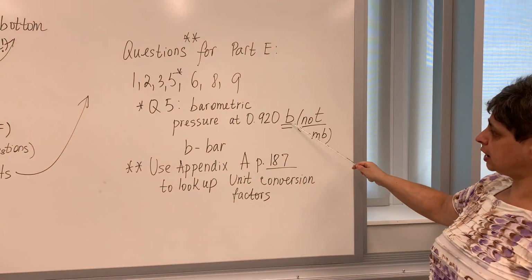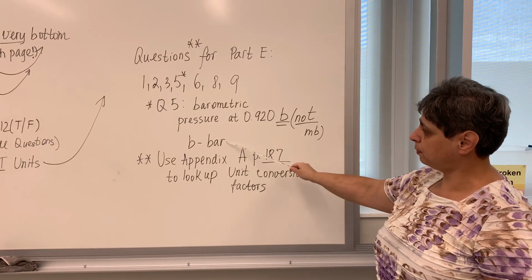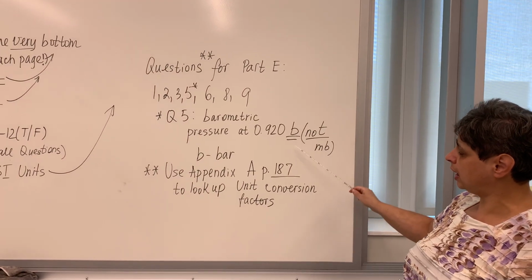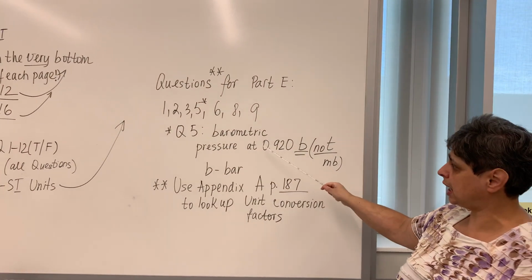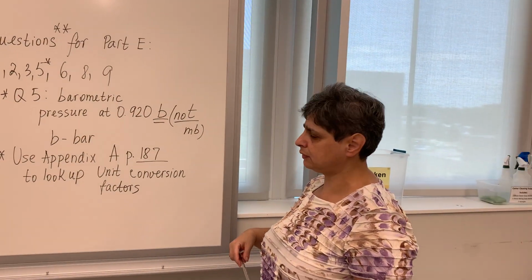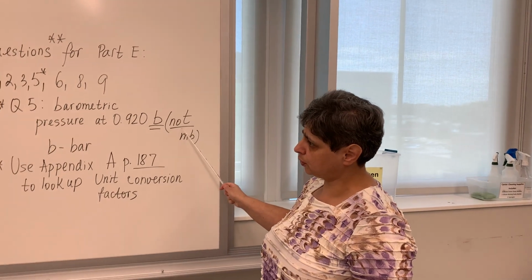So B here, not millibars, bars. B stands for bars. And if you look in appendix A on page 187, you will find how to get from bars, or in this case 0.920 bars, to other units. I believe it stands for inches of mercury and kilopascals probably. So that's an important point.